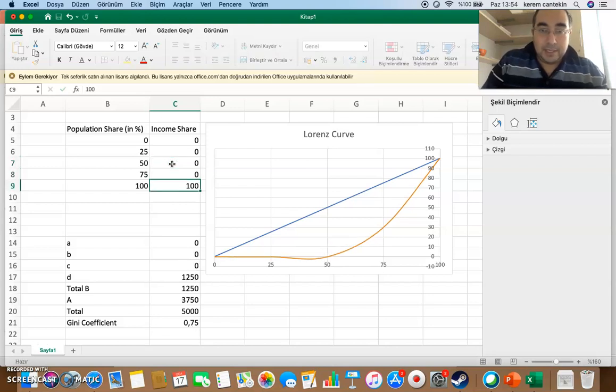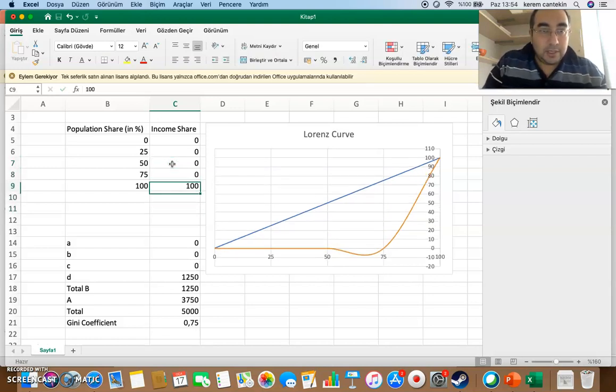In the extreme case, there should be something wrong with the calculation. It should actually be 1. The Gini coefficient should be 1 when no one is getting anything except the very top, basically. This is the case almost.